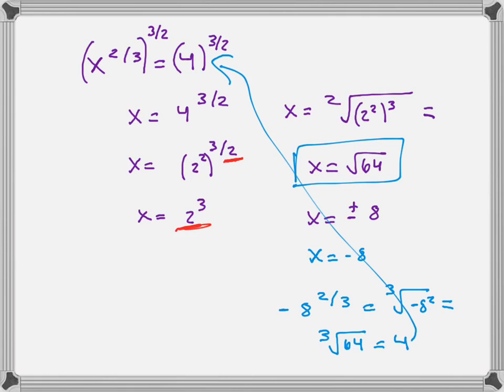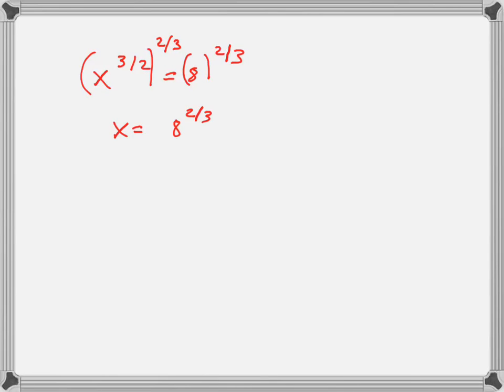But now we're going to look at an example where the same thing does not happen. So if we look at the example, this is kind of the same thing, just a little bit the opposite. x to the 3/2 equals 8. So we're going to raise both of these powers to the 2/3, and then we get x equals 8 to the 2/3. So now if we look at this, we also get x equals 2 to the 3rd to the 2/3.